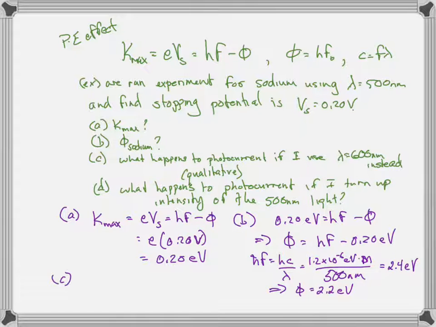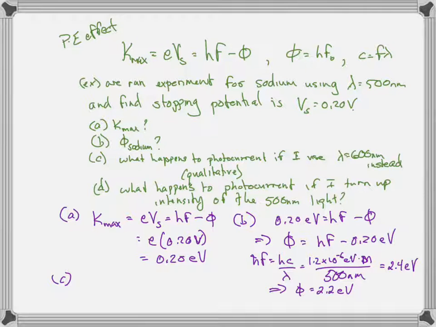Now we go to part C, which asks what happens to the photocurrent if I use lambda equals 600 nanometers instead. Now that is a higher wavelength, therefore it's a lower frequency, a lower energy light. So that means it would give us electrons with less energy, which would reduce the photocurrent, but we do need to check if that's above the threshold frequency, because it may be that that turns off the photocurrent.